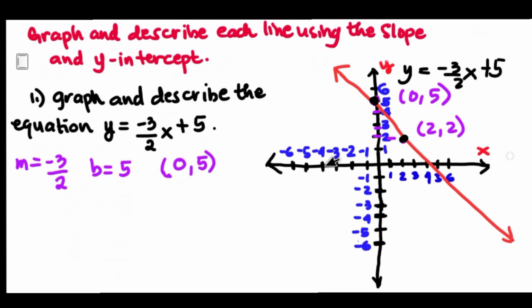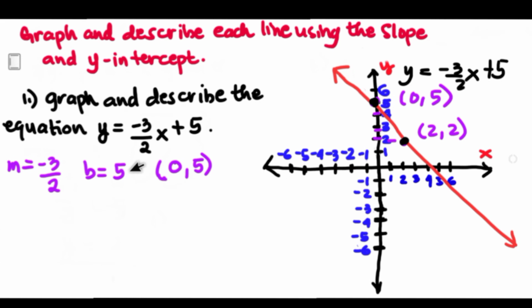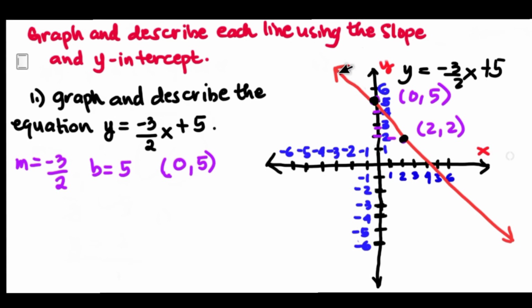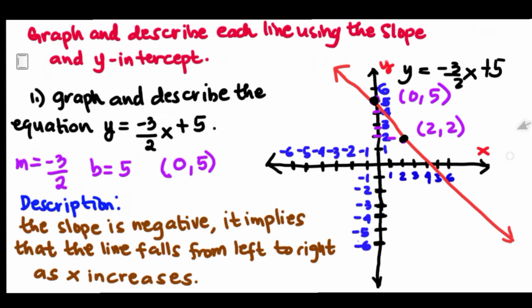Okay, so let's describe it. Since the slope is negative 3 over 2, as we can see, it goes downward from left to right. So let's describe the graph, since as I said earlier, it falls from left to right because the slope is negative. So m is negative 3 over 2.